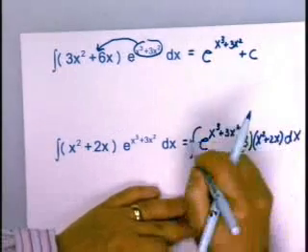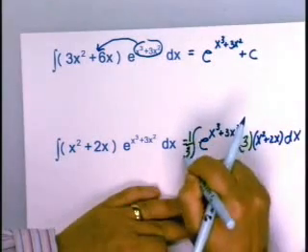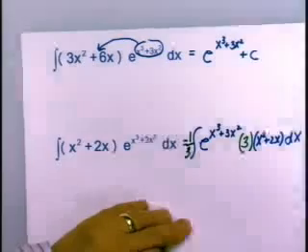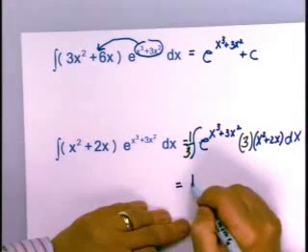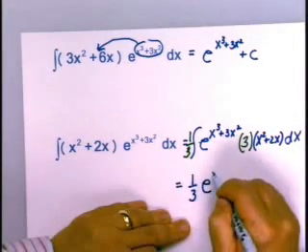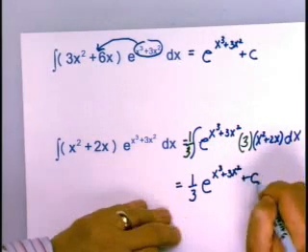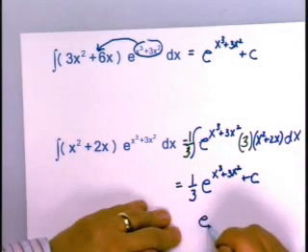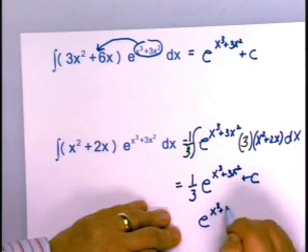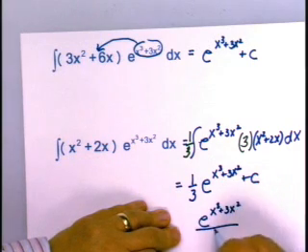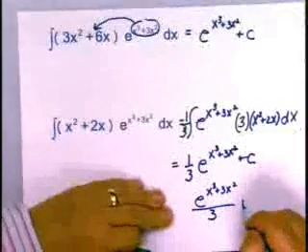If I insert the 3, I have to accommodate for that with a 1/3 out front. So my final answer would be 1/3 e to the x cubed plus 3x squared power plus c. Or if you want to write that, e to the x to the third plus 3x squared divided by 3 plus c.